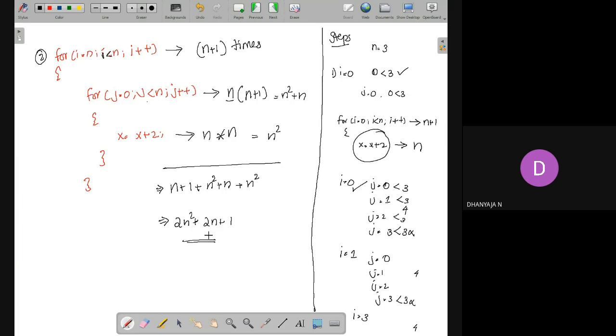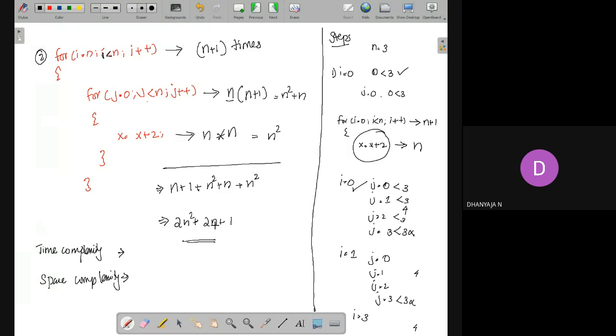Yes. Okay. Now tell me, what will be the complexity here? How can we say the complexity here? I'll write the time complexity and space complexity. So if you are given a polynomial, just consider what is the highest degree of that polynomial. What is the highest degree here? 2n square plus 2n plus 1. This is the polynomial.